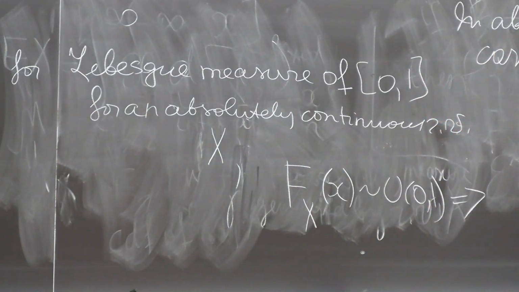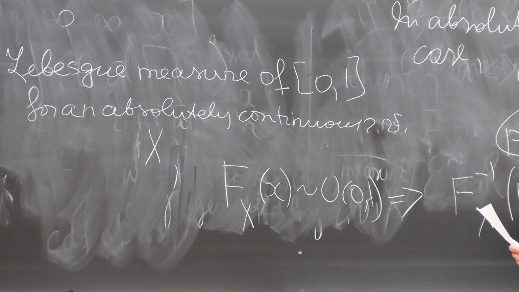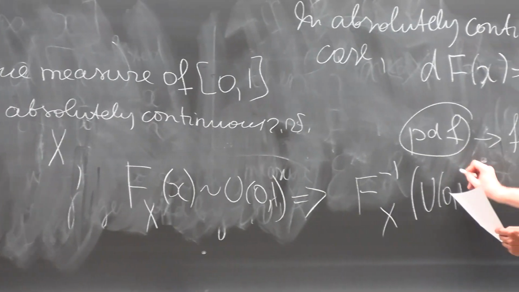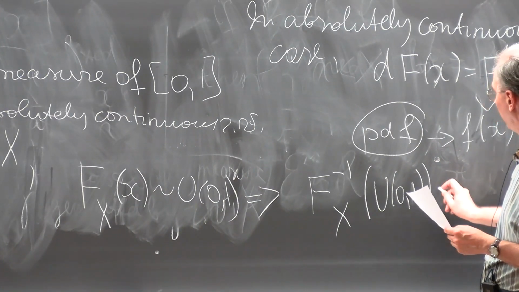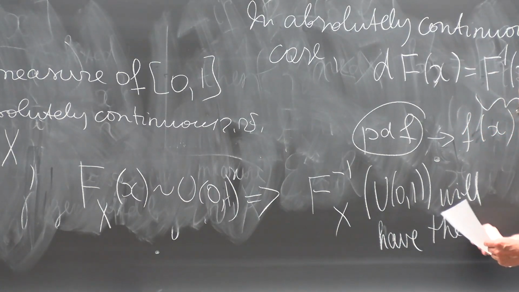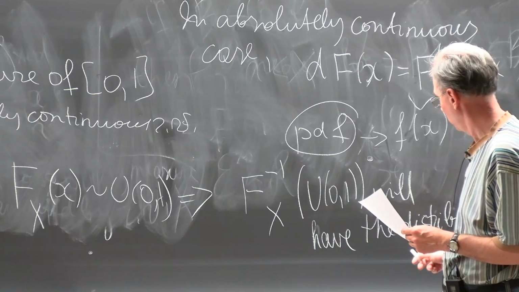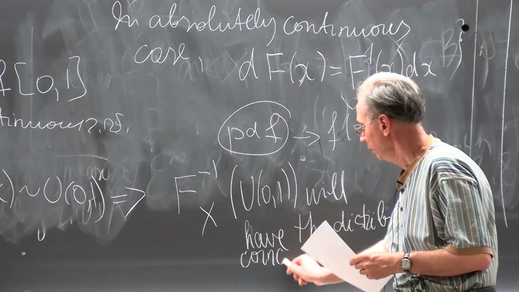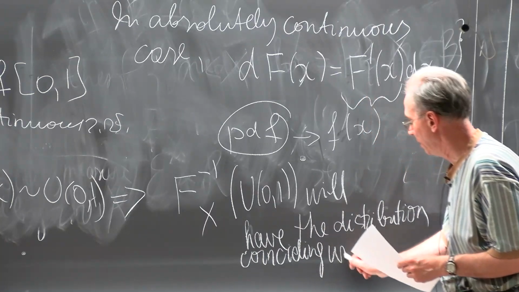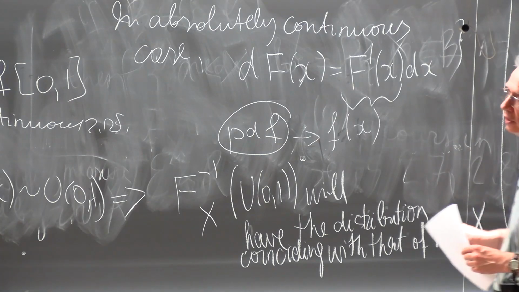Therefore, if we take the inverse of this one-to-one function, then F_X inverse of a uniform 0, 1 random variable will have the distribution coinciding with that of random variable capital X.